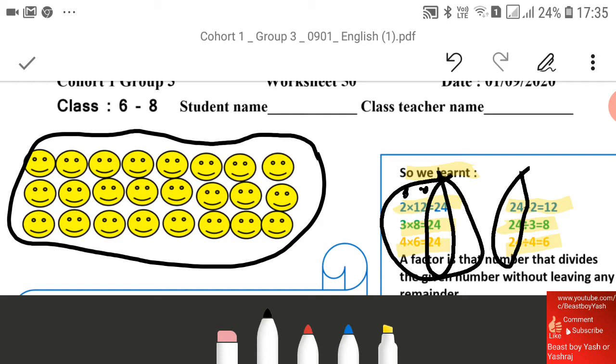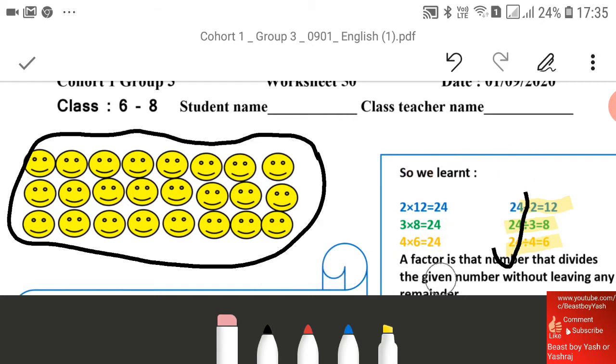But if the answer of the division is not the first or second number, it means that your answer is incorrect.